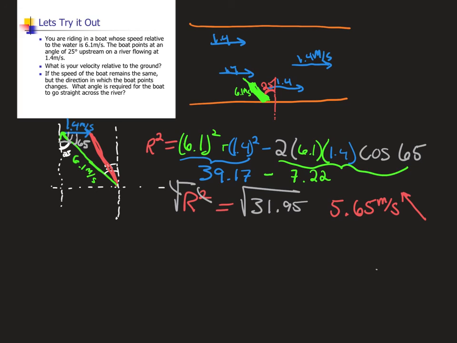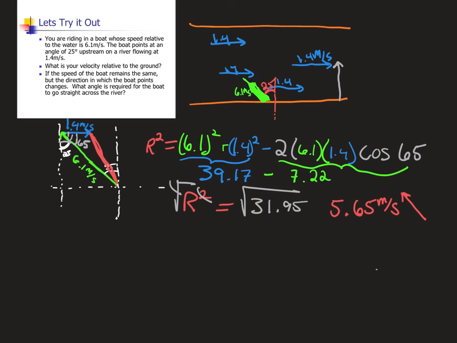Now the last part, we're asked to find it a little bit differently. Kind of utilizing that same drawing, that river's still moving, but now we want this boat to move across at a true 90-degree angle. We want it to go all the way straight across because it will get moved.